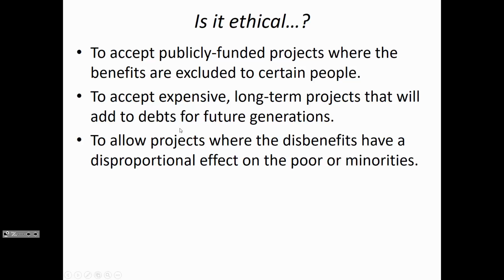I spoke about this earlier, the idea of projects where the poor or minorities are disproportionately disbenefited. When we were talking about where a road goes, oftentimes it's suggested to put interstate highways through poor areas because land is cheaper in poor areas. But then another part of that is just that poor people are in less of a position to put up a fight because they can't hire lawyers to the same extent.